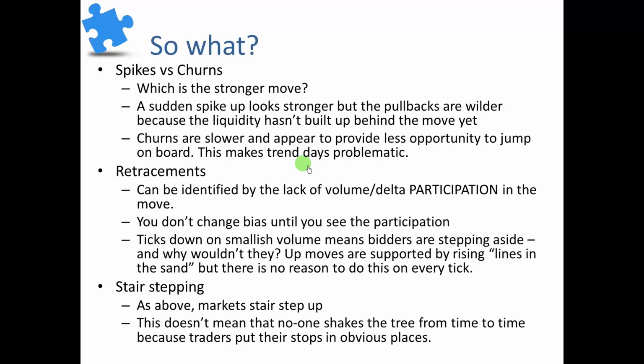We all see this grinding action, where it just grinds, trades, tick up, grinds, trades, tick up. That grinding action is actually a sign of strength, because the slower move doesn't have the same liquidity vacuums building behind it, because it's moving up slowly and those vacuums have time to fill in.